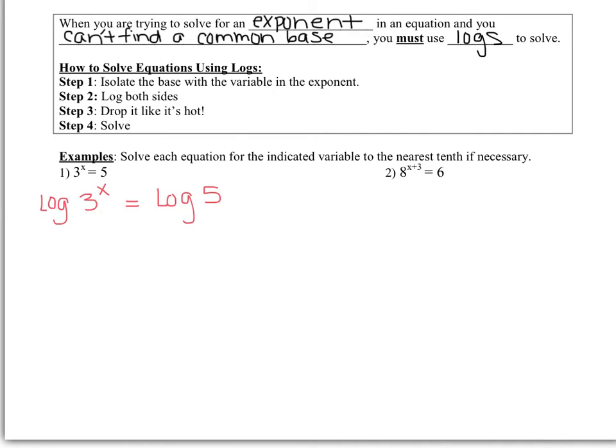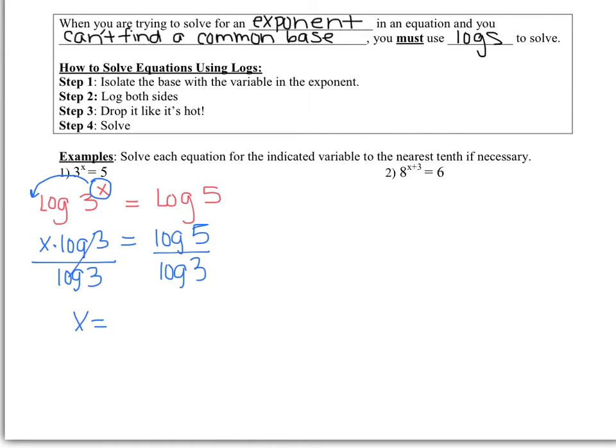Okay? Then we're going to have to use our log properties to take this power and drop it like it's hot. So x times log of 3 equals log of 5. Now to get x by itself, all you have to do is divide by log of 3. So x is equal to this.